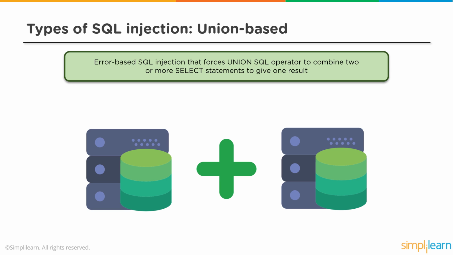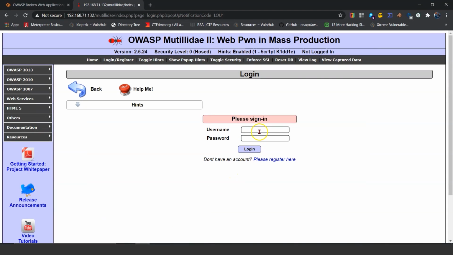So what would an error-based SQL injection look like? If I go back to the same database, which is here, right? And if you remember the username, we gave it a single quote or 1 equals 1 space hyphen space. We gave it the condition, right?